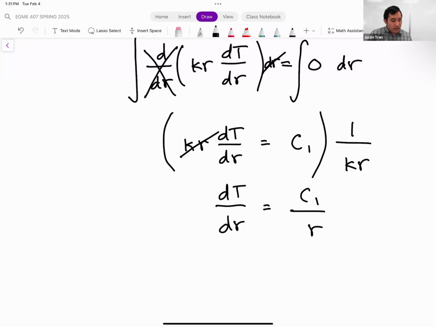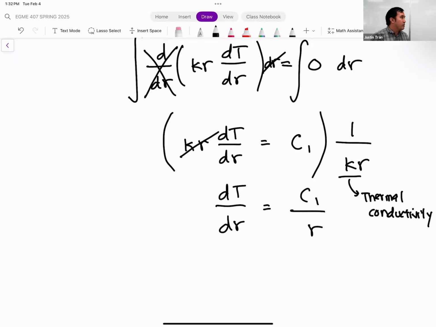But for K, K being the thermal conductivity, if you remember from a couple weeks ago, thermal conductivity basically just describes how well your material will conduct heat. Metals have a high thermal conductivity, so they move heat very easily.